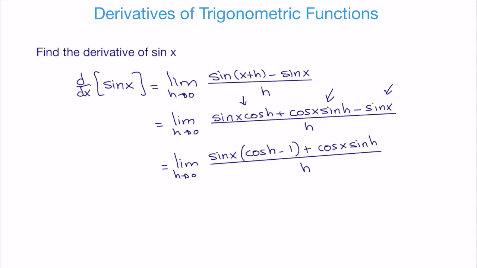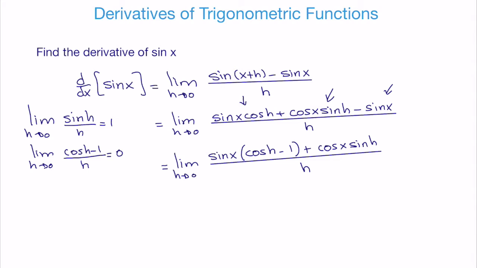At this point, let me refresh our blocks. We know that the limit as h approaches 0 of sine of h over h is 1, and we also know that the limit as h approaches 0 of cosine h minus 1 over h is 0.